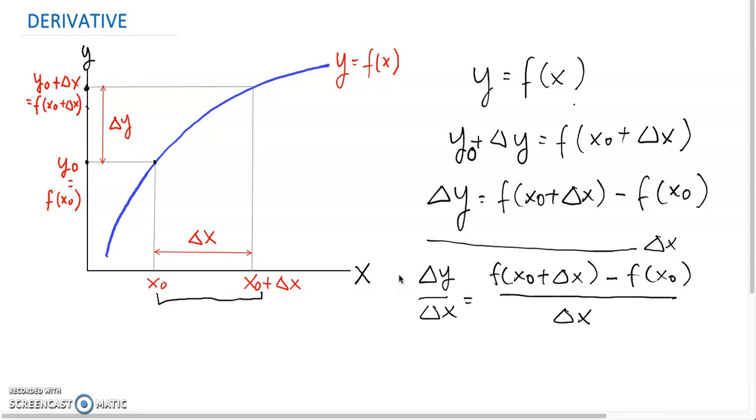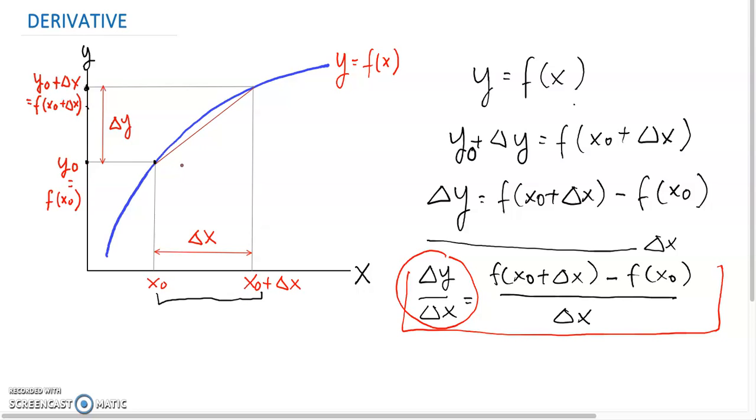Now we see here that this difference quotient measures the average rate of change. Because it's delta y over delta x, it measures an average rate of change of y over an interval of x null and x null plus delta x, as I stated in the beginning.